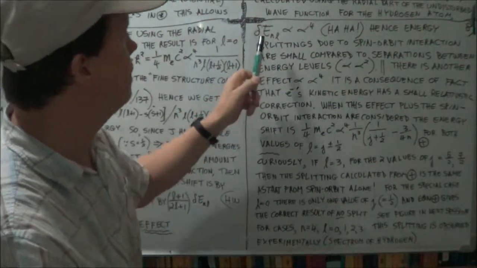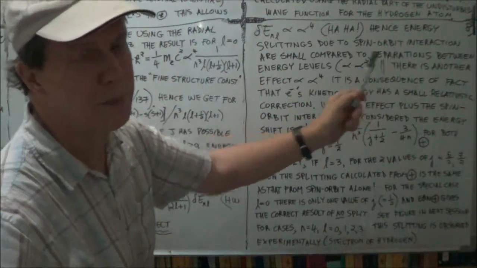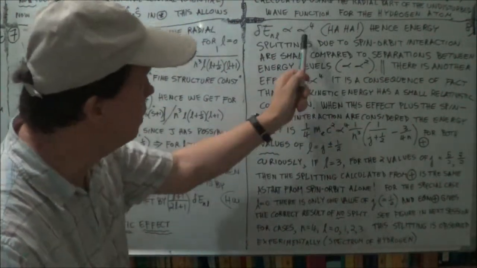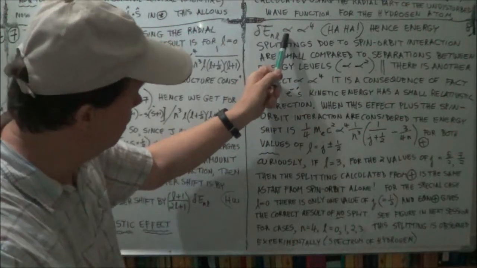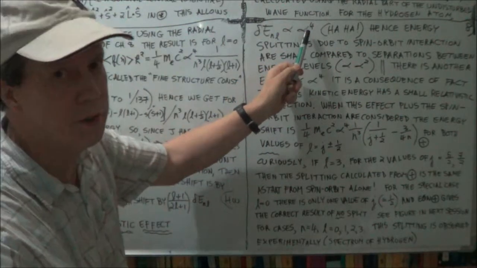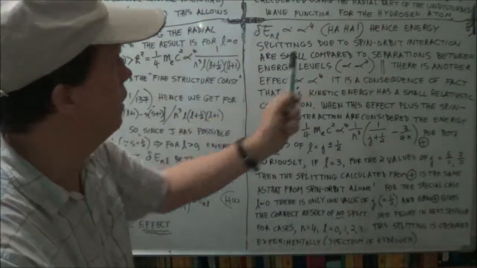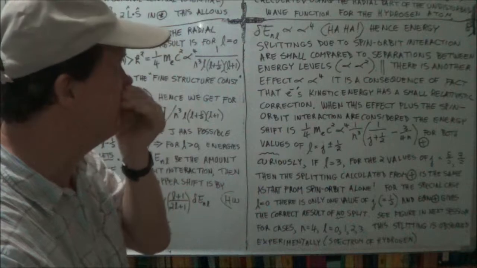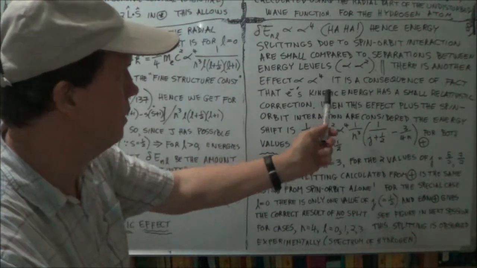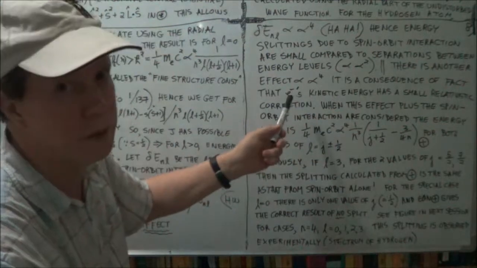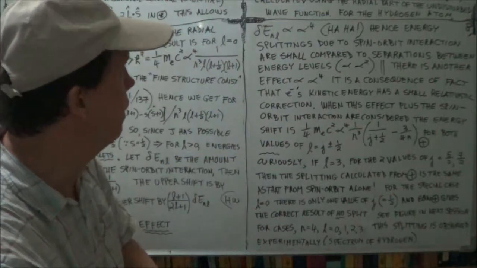Okay, so there's another phenomenon besides spin orbit that gives you this energy change that's proportional to alpha to the fourth, a very small correction, and it's a relativistic phenomenon. So don't worry about it too much because we need to do Dirac's theory. But yeah, we'll come on to it later.